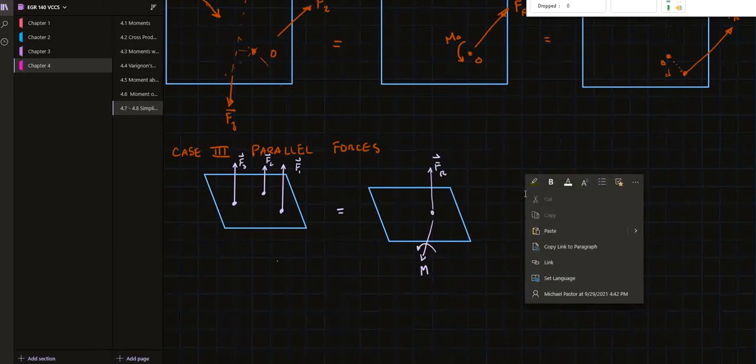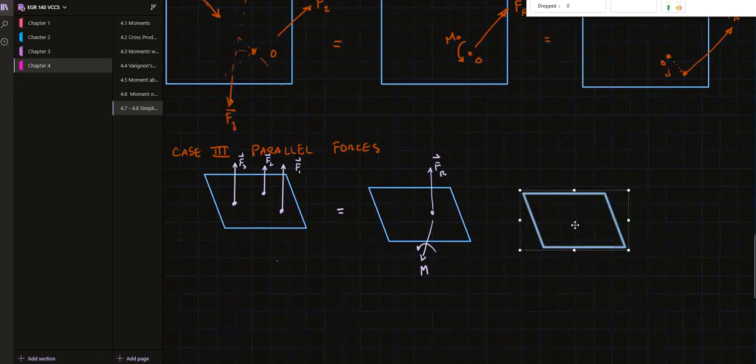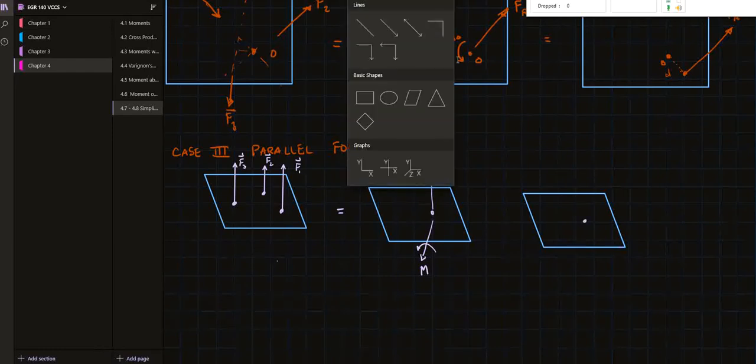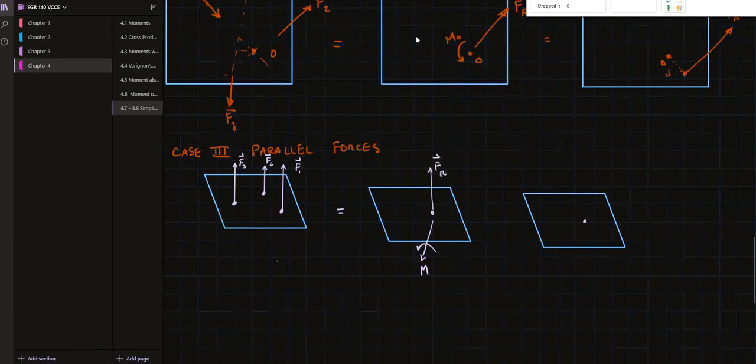And then I can do the same thing I did above, and replace this by our resultant force offset at some distance. Same magnitude. Now I have a distance to account for that moment.